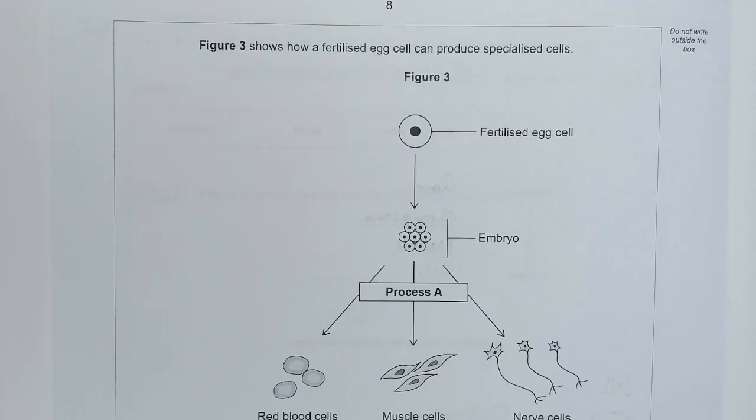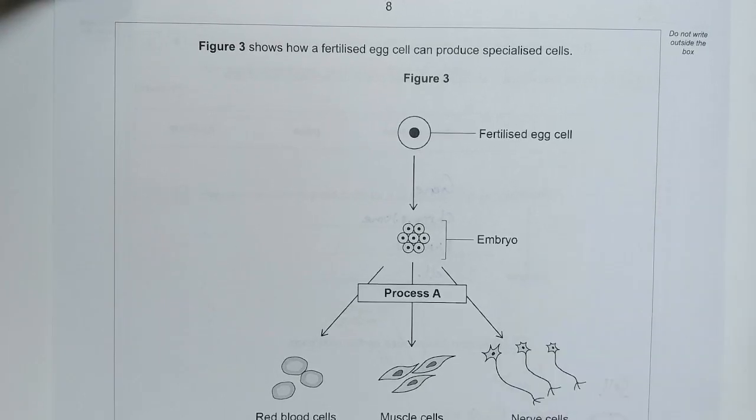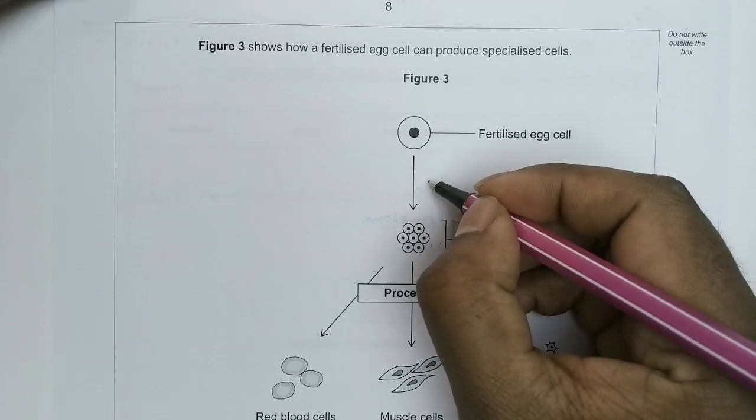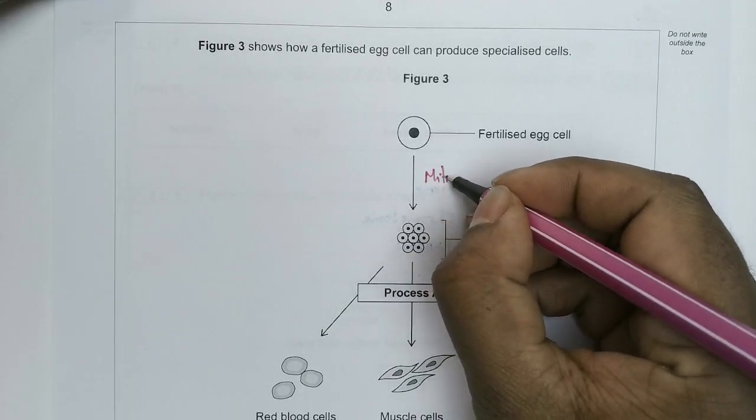Figure 3 shows how a fertilized egg cell can produce specialized cells. So you're starting off with a fertilized egg cell which divides by mitosis to produce an embryo. So the main cell division is mitosis here.